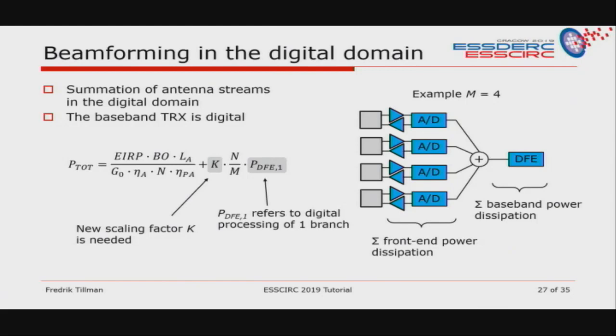The left-hand side, corresponding to the PAs and the EIRP value we try to radiate, is the same, untouched. Whereas what we have done is now moved the data converters to that side of the equation, and you might consider whether that would have an implication.